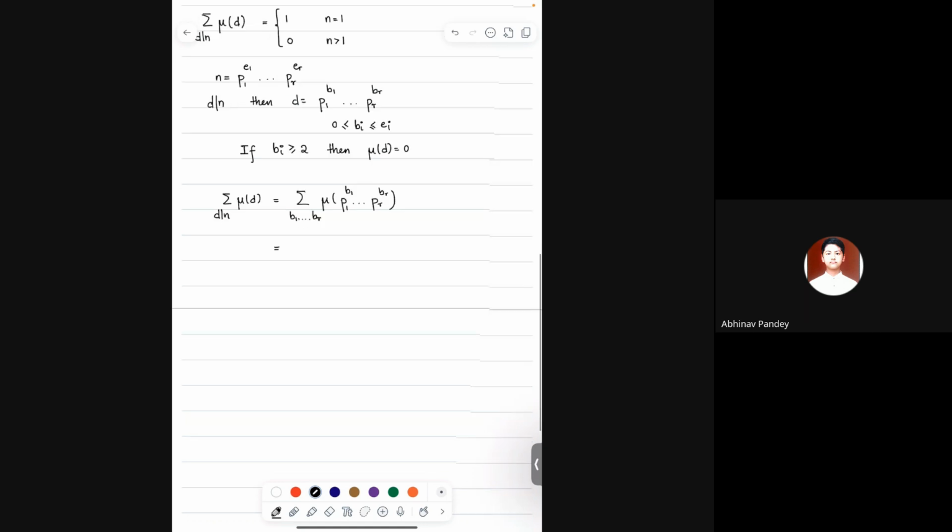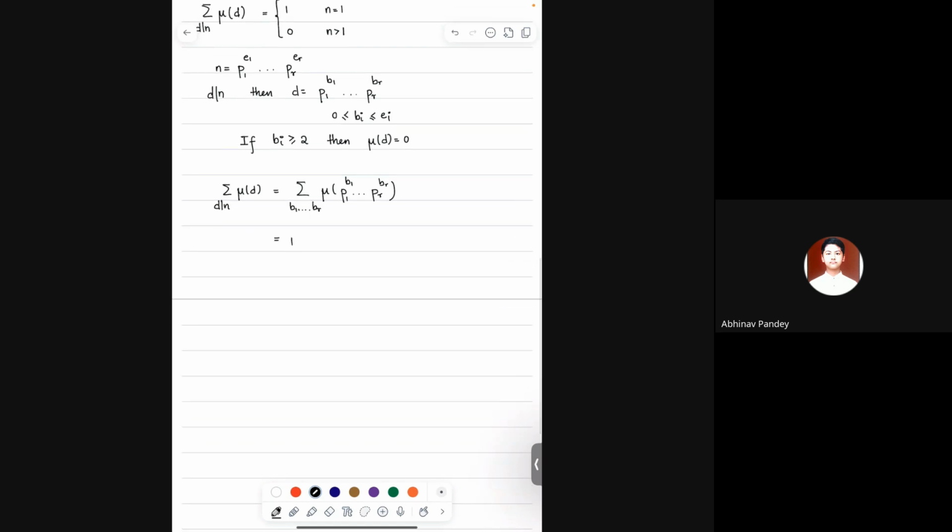So now this is a little bit of permutation and combination. The first divisor is always 1, so mu of 1 is 1. And then if I have one prime factor of n, it comes with a minus sign. How many such possibilities do I have?